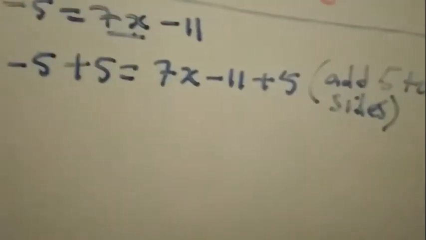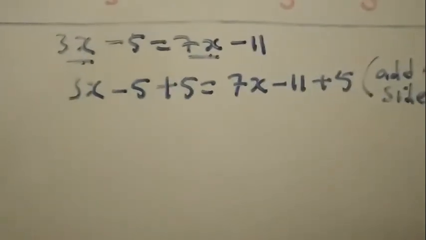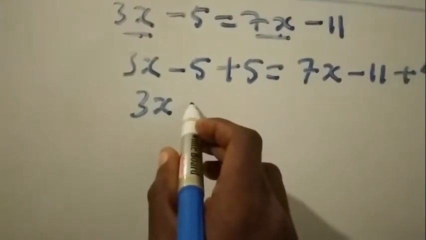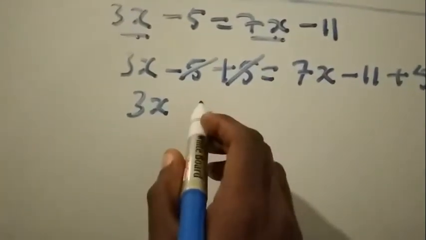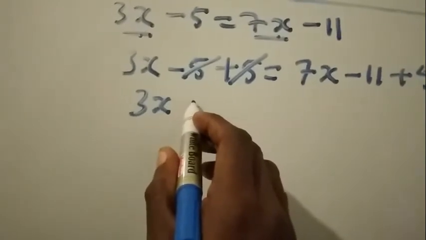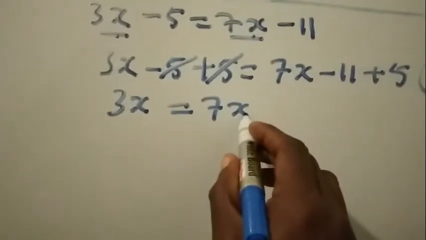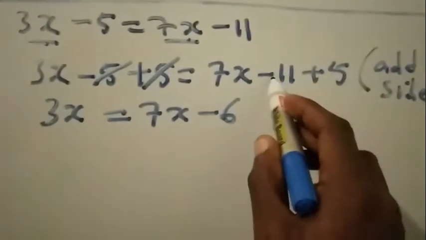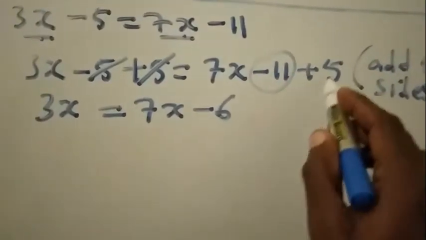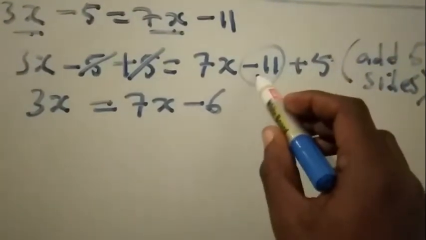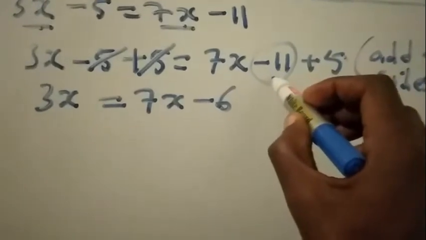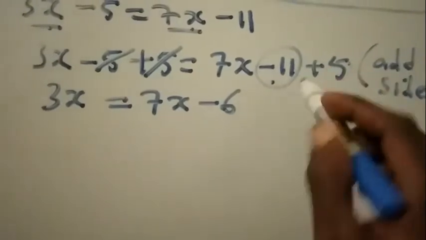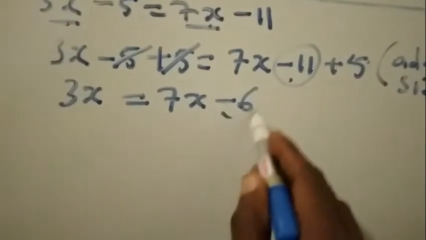Okay, so from there we get 3x, this and this go, so 3x equals 7x, then minus 6. When you have negative 11 and positive 5, we are simply subtracting, but the answer should get the sign from the bigger number, and that's negative 6.